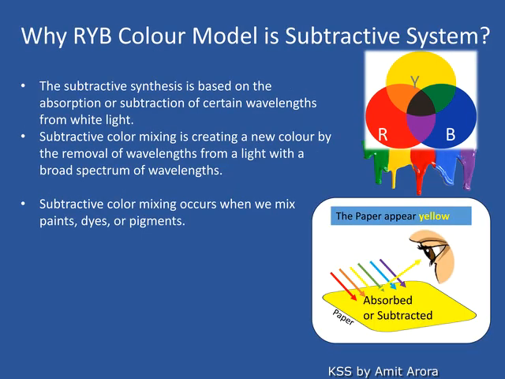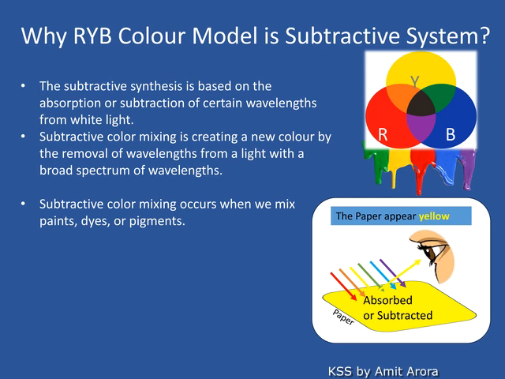When we mix paints, dyes and pigments, it results in an absorption or subtraction of certain wavelengths from the white light. So this absorption or subtraction creates a new color by removal of certain wavelengths from the light. Hence, it is called a subtractive system.